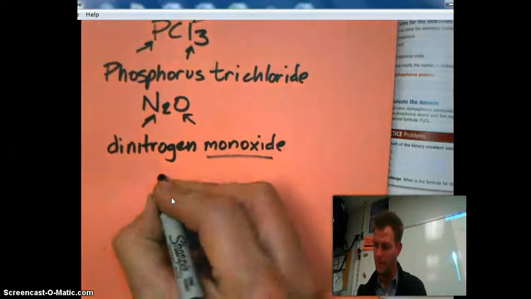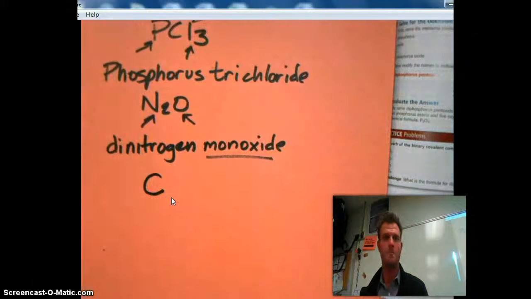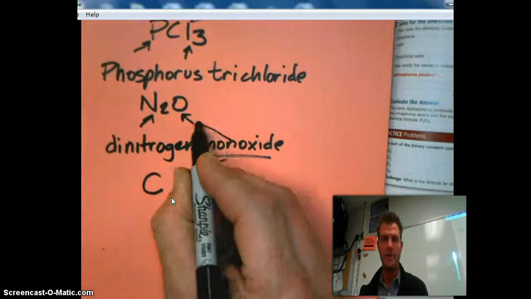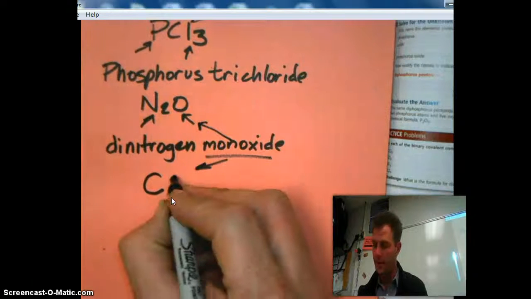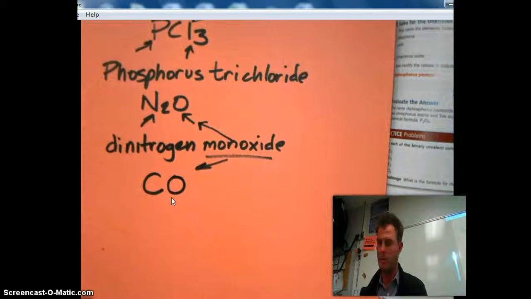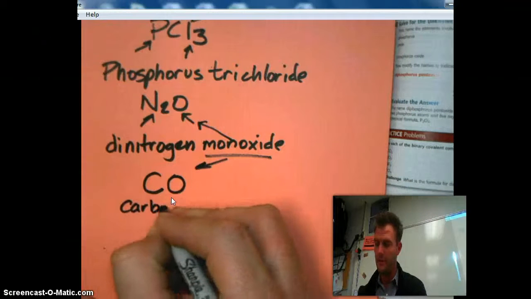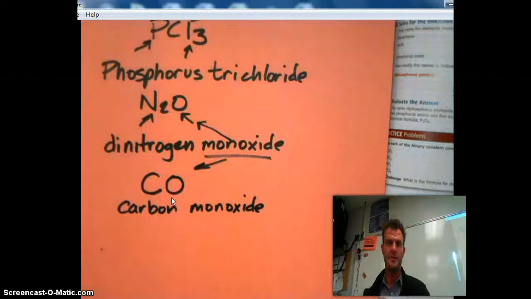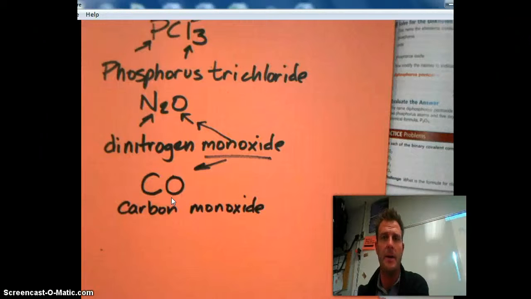So we would write it like that. Monoxide we just did here, so whatever's here has to be there. So we would write this as CO. So the name of that is carbon monoxide.